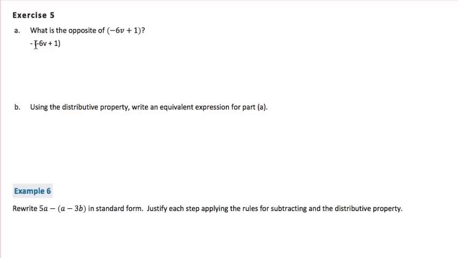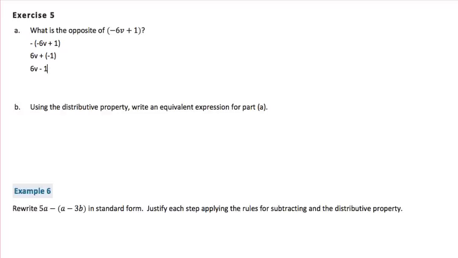So each term is going to be the opposite. The opposite of negative 6v is positive 6v. And then the opposite of positive 1 is negative 1. You'll also see that written frequently as 6v minus 1. So start to get used to writing it yourself.